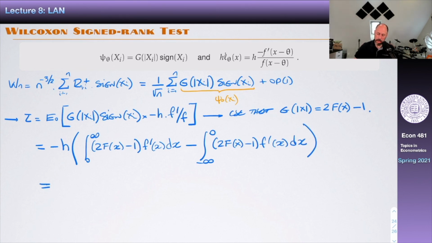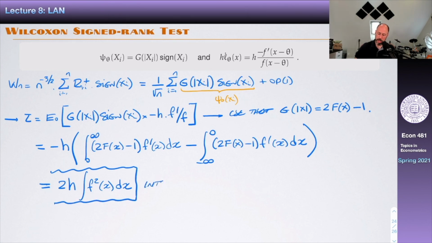And then again, if you integrate this by parts, you get that this is 2h times the integral of f squared dx. I'm saying here, integrating by parts.